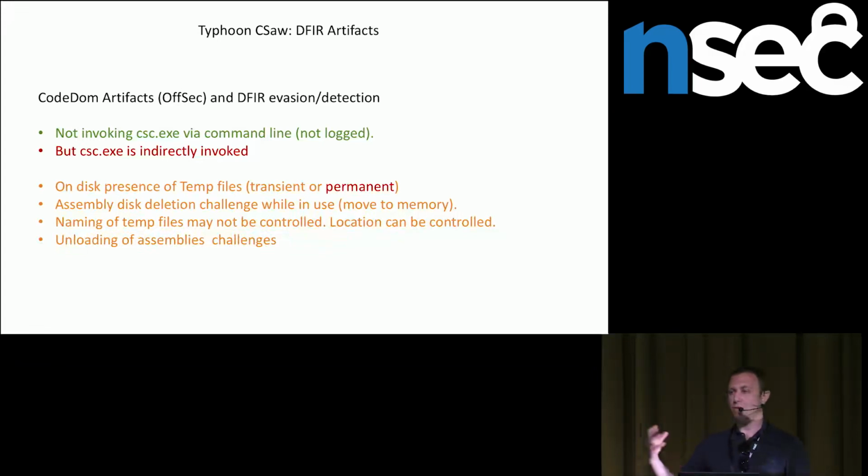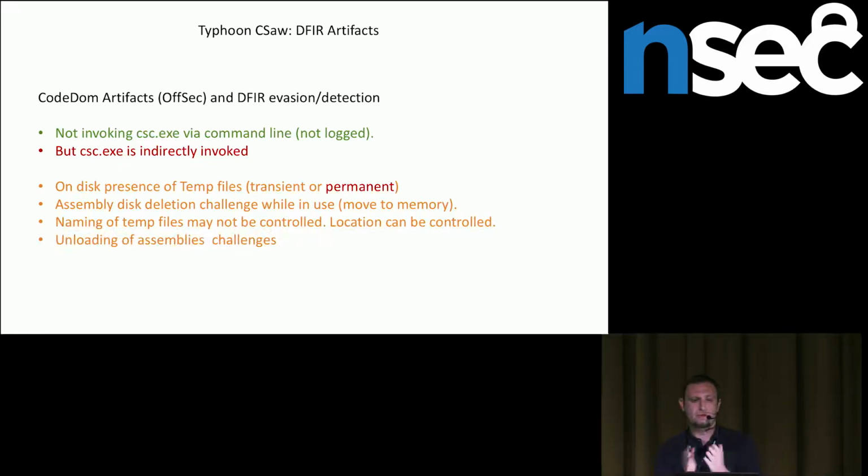For example, if you brought in some code, you've compiled it, you load it up, the assembly is locked until the end of the iteration or execution of the code. So in classic .NET, you cannot remove that DLL from the disk. And sometimes you want to do this because you want to stay in memory. Even if you drop the DLL temporarily for just a sub-second, you want to be able to remove it.